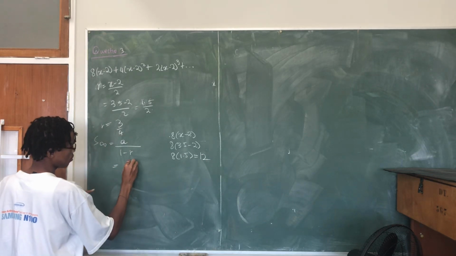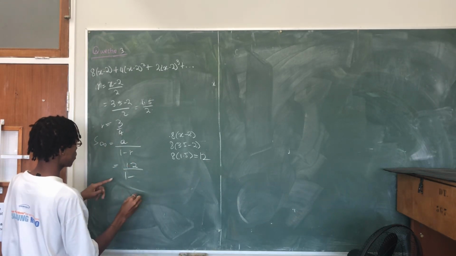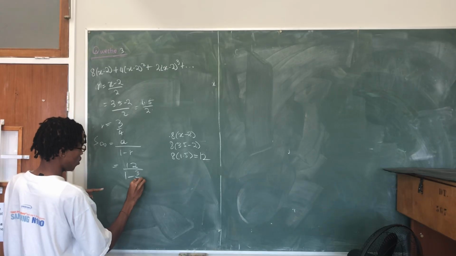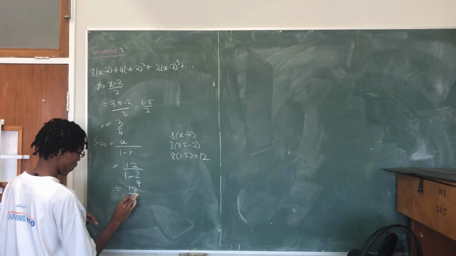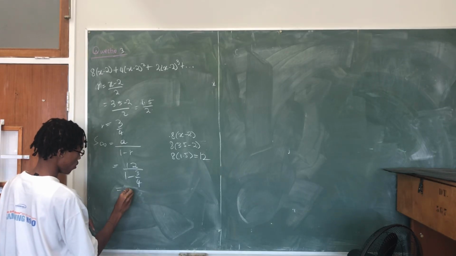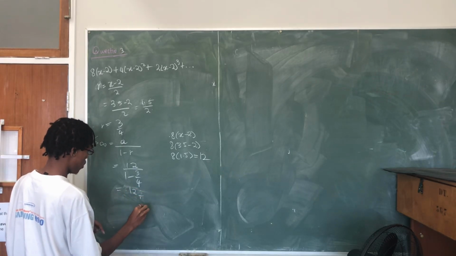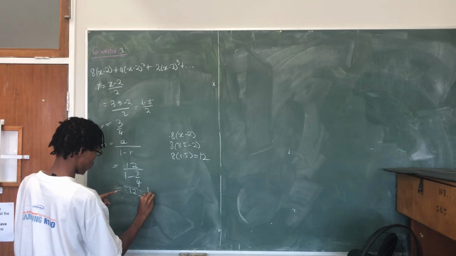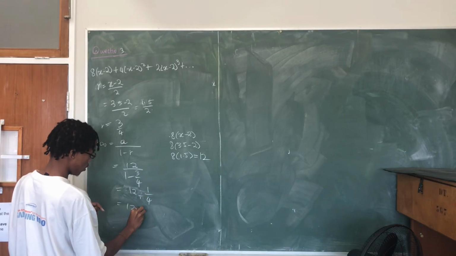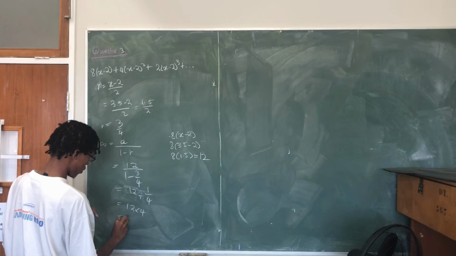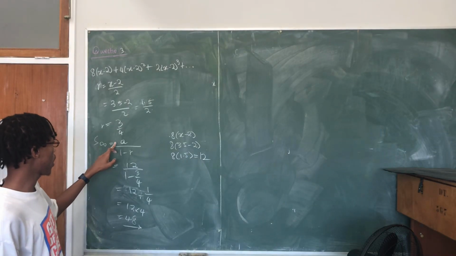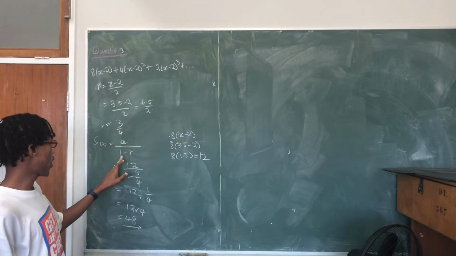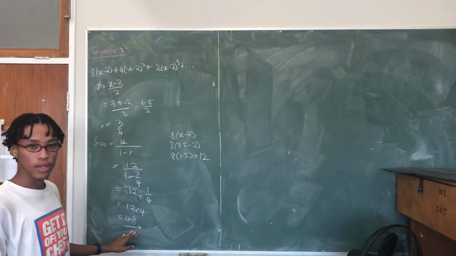Then we can substitute our 12 here. 1 minus our ratio is 1 over 4. 12 divided by 1 over 4, which is 12 times 4, that's going to be 48. Therefore, our sum to infinity with a being 12 and r being 3/4 is going to be 48.